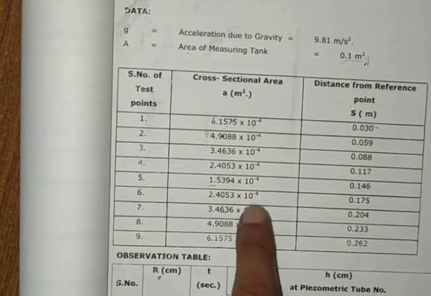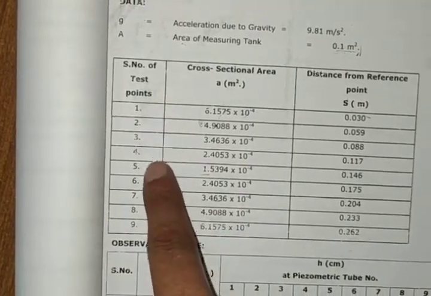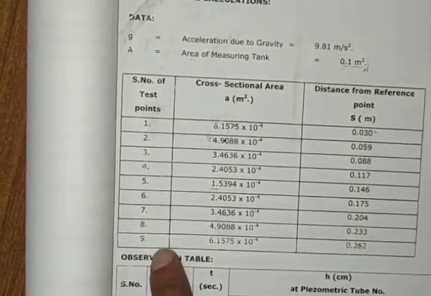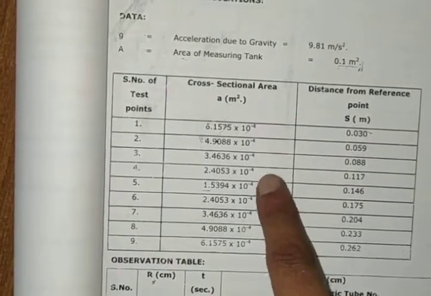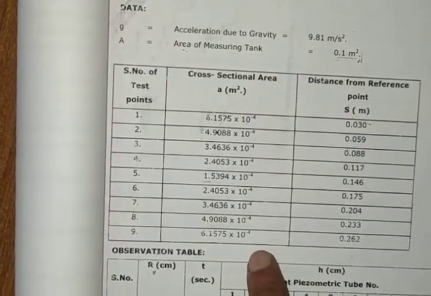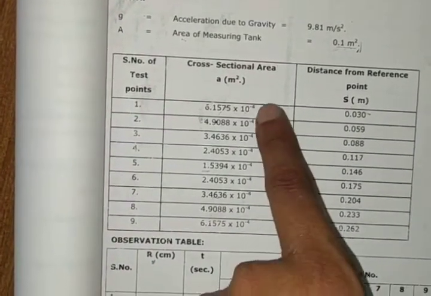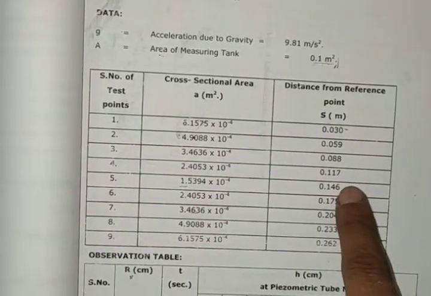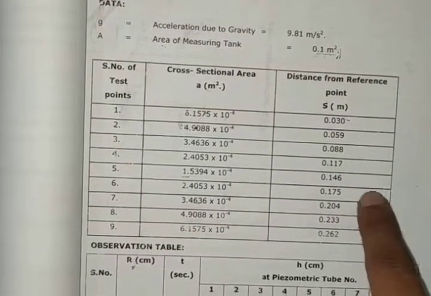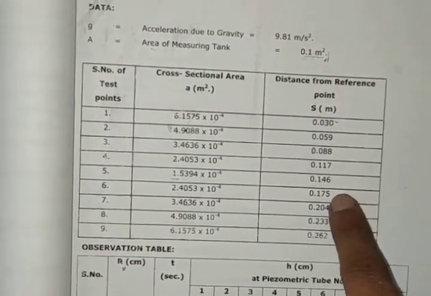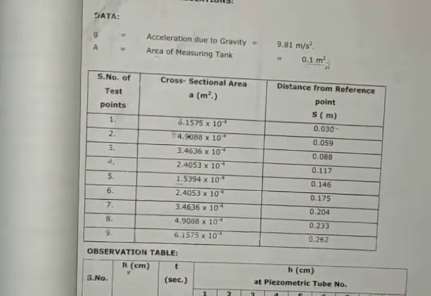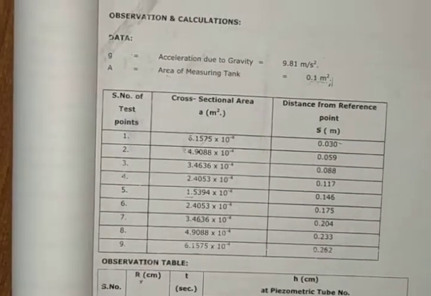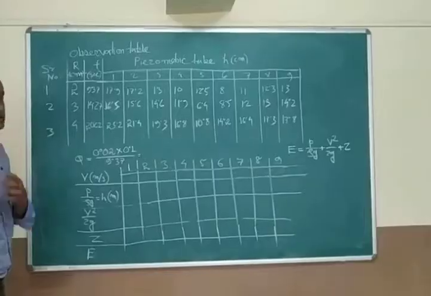Those are the values for the 9 testing points. This is the cross sectional area of that Venturi meter. And this is the distance from the reference point, which is not essential here actually. So let's try to see the observation.